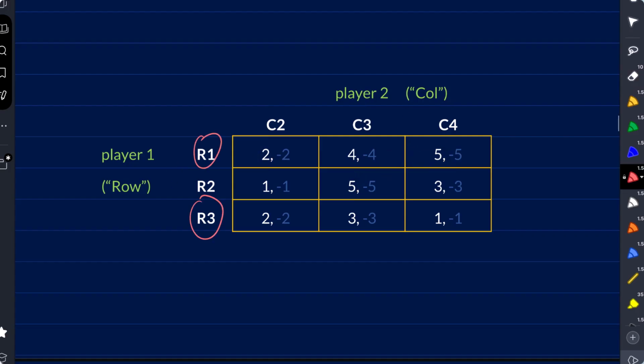Now between R1 and R3, if C2 happens, they're the same. If C3 happens, R1 is better. And if C4 happens, R1 is better. So now we see that R1 dominates R3.